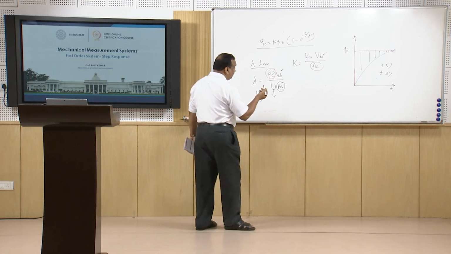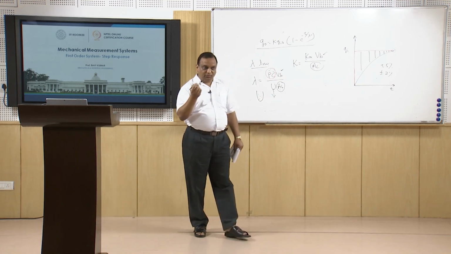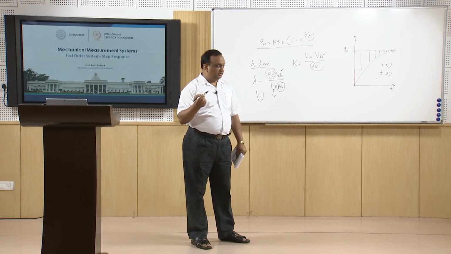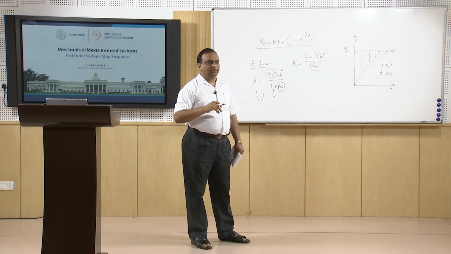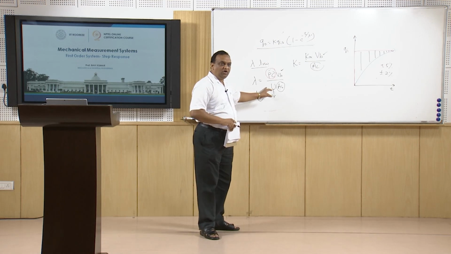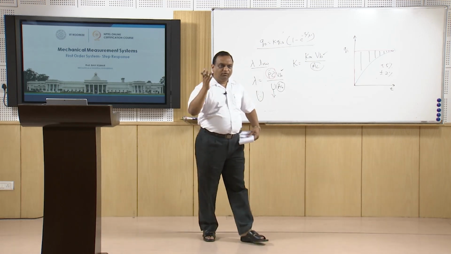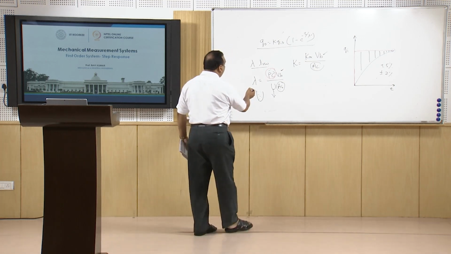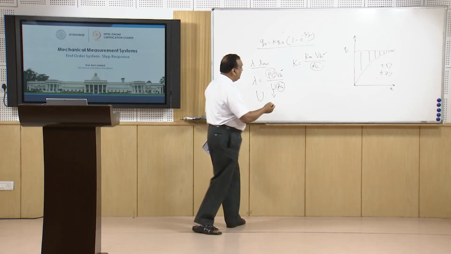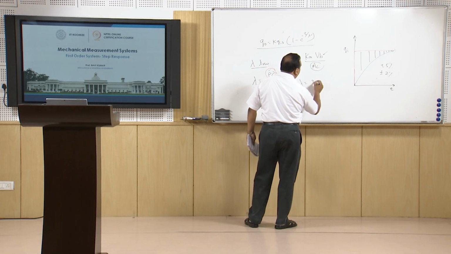So, it is possible that the application is to measure the temperature of liquid metal flowing in a pipe. U will be quite high, or hot oil flowing in a pipe, U will be high, the time constant will be low, let us say maybe around 3 seconds.